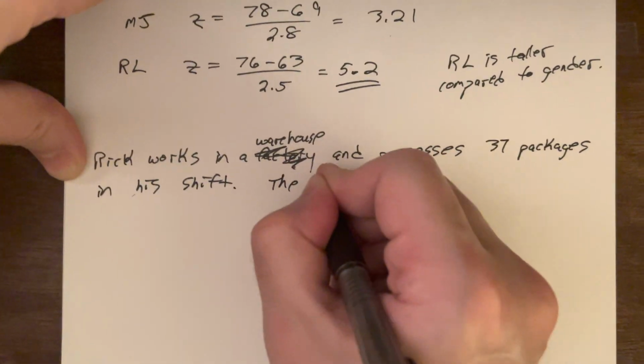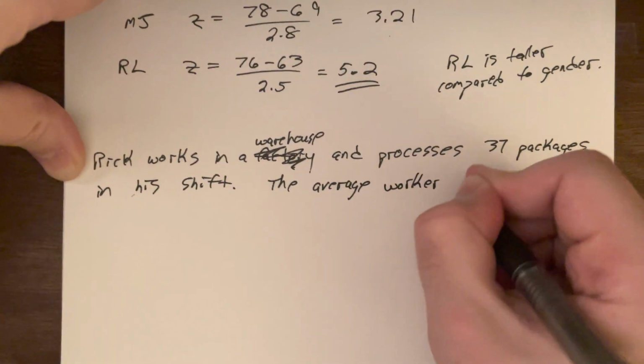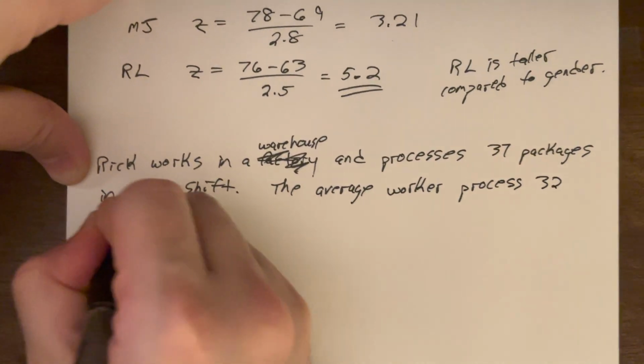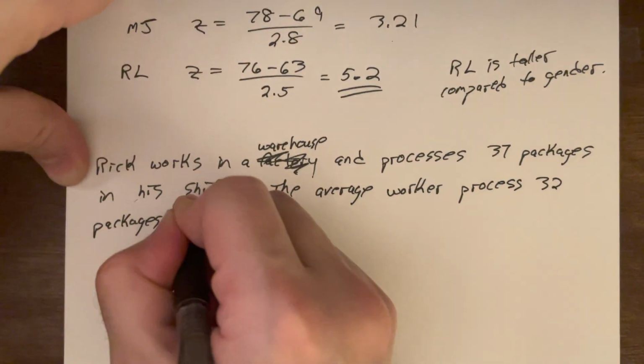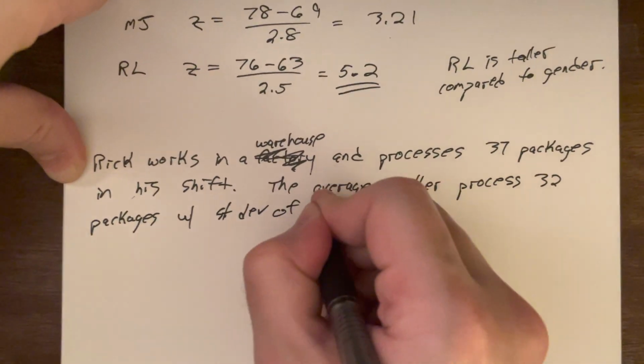The average worker processes 32 packages with a standard deviation of 4 packages.